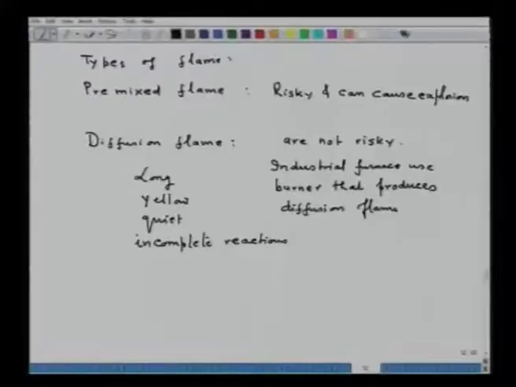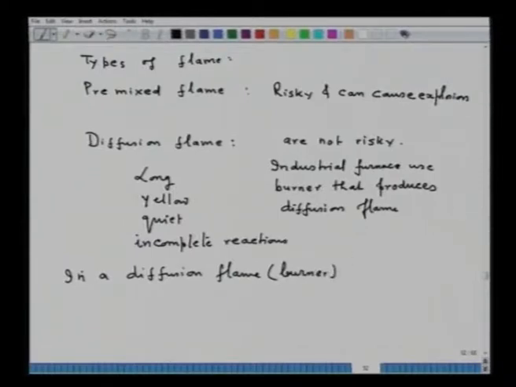So, in a burner designed for diffusion flame, a small amount of air is mixed with the fuel, and this air is called primary air.